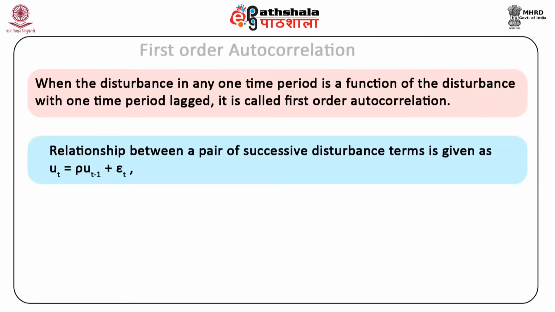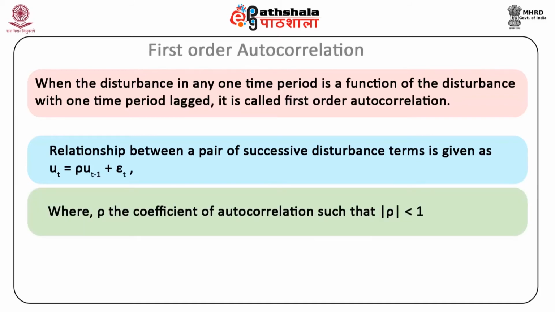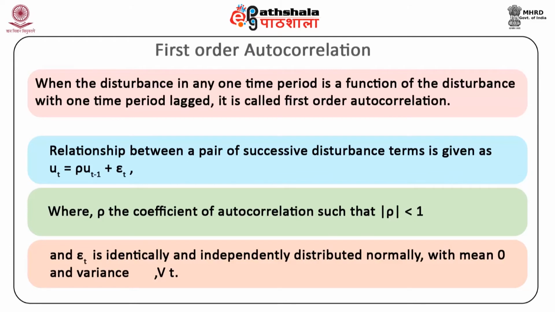The relationship between a pair of successive disturbance terms is given as ut equal to rho ut minus 1 plus epsilon t, where rho is the coefficient of autocorrelation such that modulus rho is less than 1, and epsilon t is identically and independently distributed normally with mean 0 and variance sigma square for all values of t.